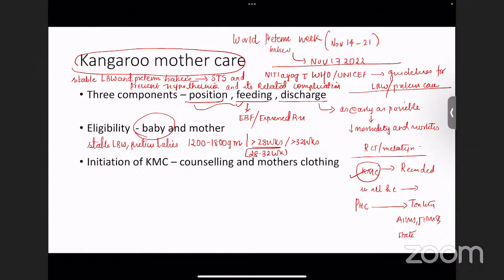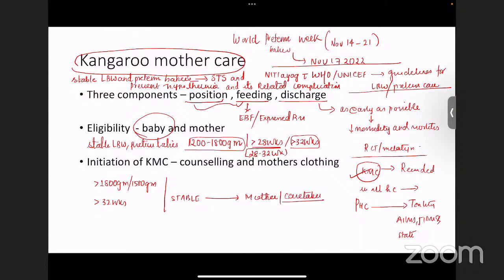So the weight is also 1200 grams and more than 32 weeks. In our setting, we give babies more than 1800 grams or 1500 grams, and more than 32 weeks, if they are stable, directly to the mother or any caretaker. Who are the caretakers you can give?